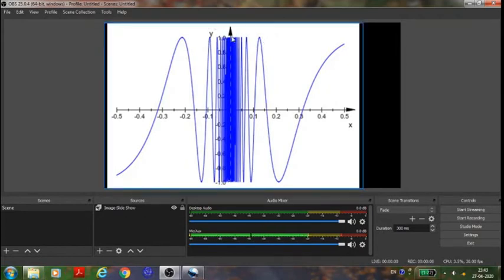So again you can see that it is not a continuous function. Then if you consider x equal to any real number, this is the graph. Like this, it is a sinusoidal graph, but at x equal to 0 it is not defined, so that is why it is discontinuous at 0.